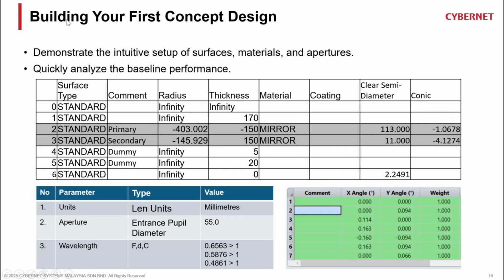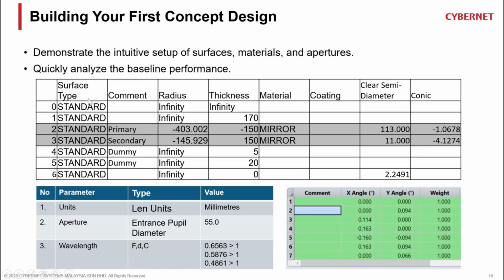For our first concept building, this is a demonstration of the surface material and the aperture setting, and a quick analysis of the baseline performance to have a reference. On this table, you can see the lens data editor.